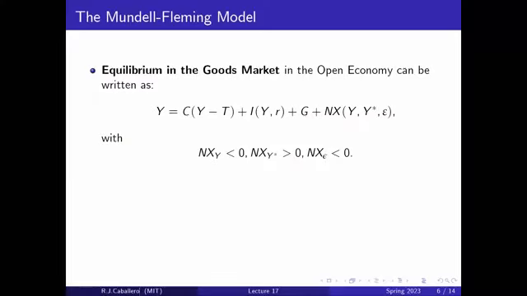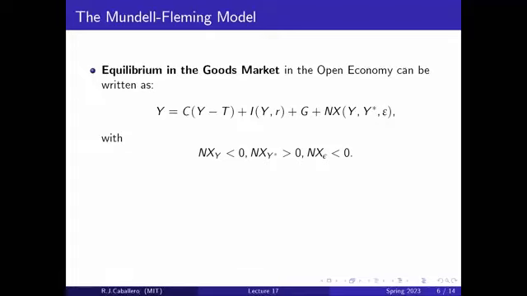Remember, we wrote down the equilibrium in the goods market in the previous lecture, and I'm just reproducing what I wrote. So it looks exactly like the closed economy. Output is being determined by aggregate demand, but it's aggregate demand for domestically produced goods. Domestically produced goods is not the same as domestic demand for goods, because now there's a net export term.